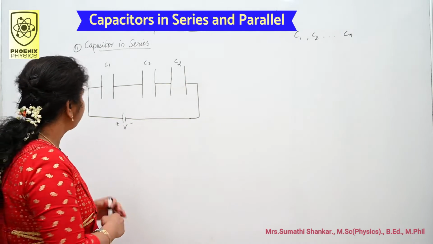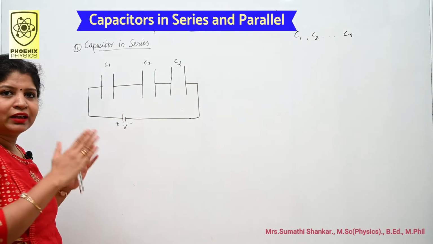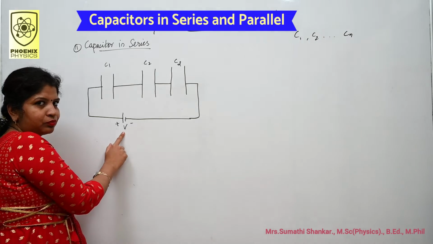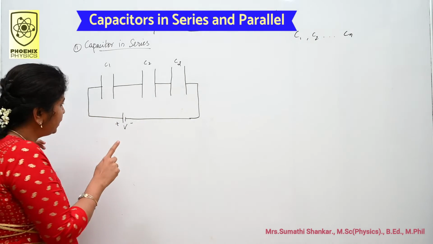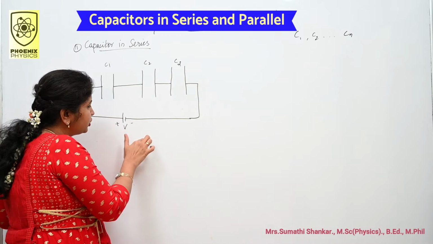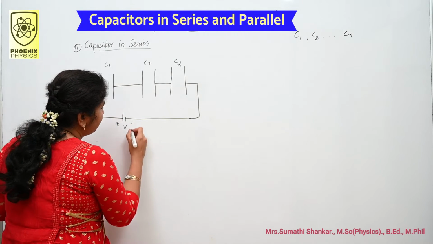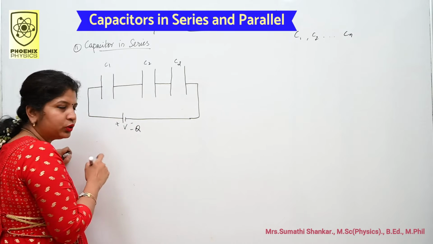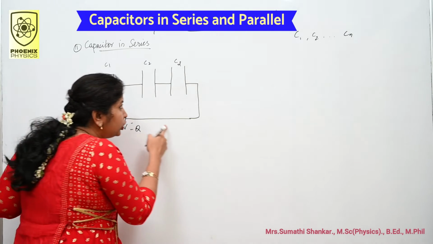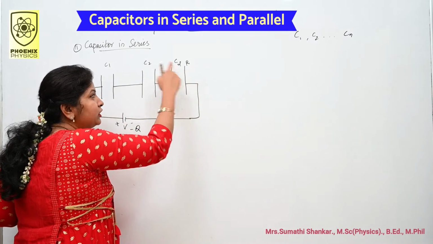For example, consider C1, C2, C3 capacitors connected in series with a battery of voltage V. Here, when the battery is connected to the capacitors in series, the charge minus Q is transferred from the negative terminal of the battery to the right side plate of the C3 capacitor.